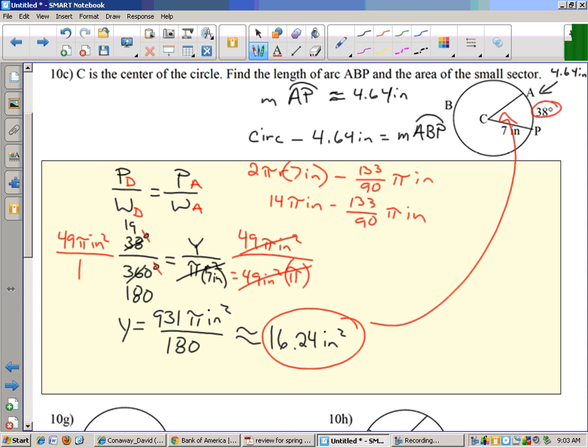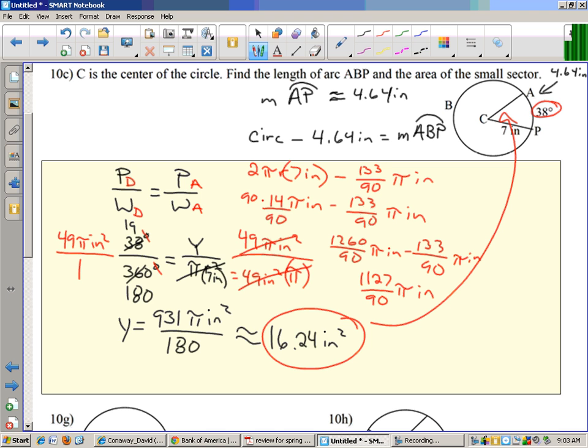Well, let's just do this. 90 over 90. What's 90 times 14? That's going to be 900 plus 360, so 1,260. 1260 minus 133 is going to be 1160 minus 30 is 1130 minus 3 is 1127 over 90 pi inches.